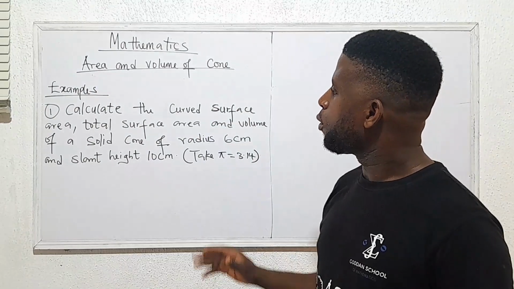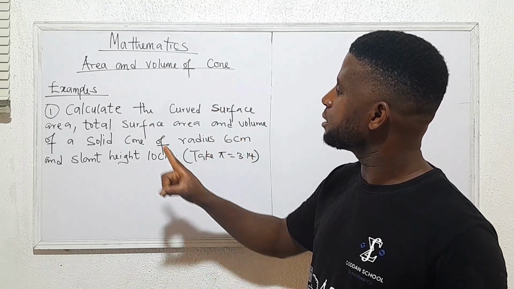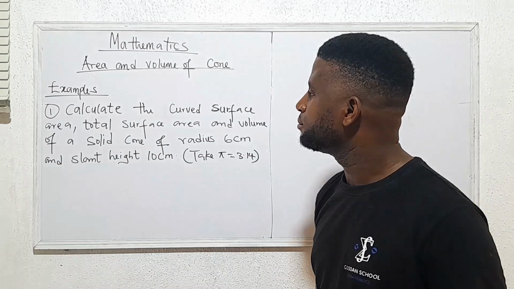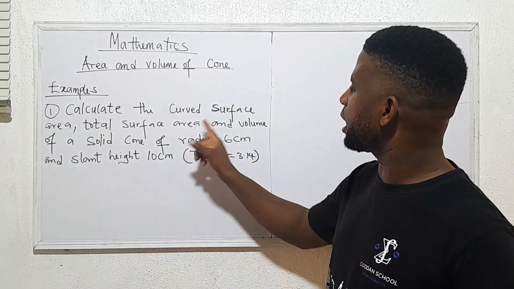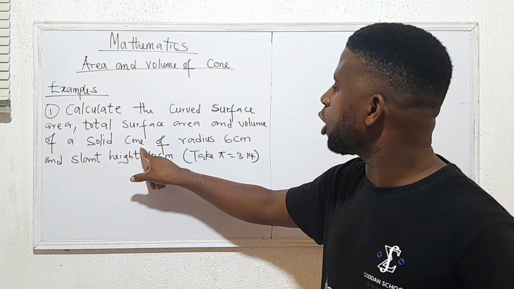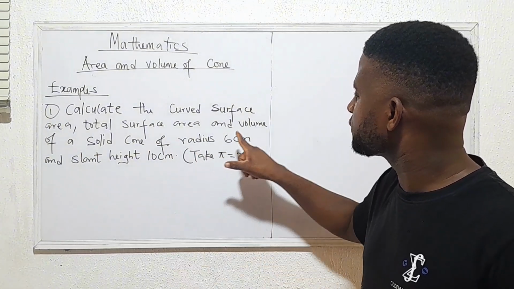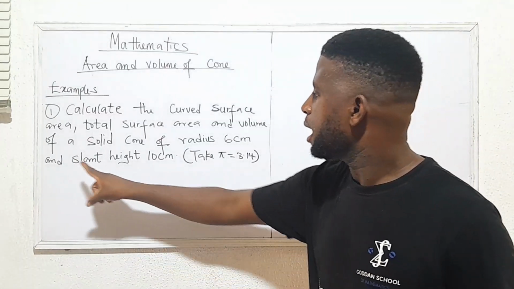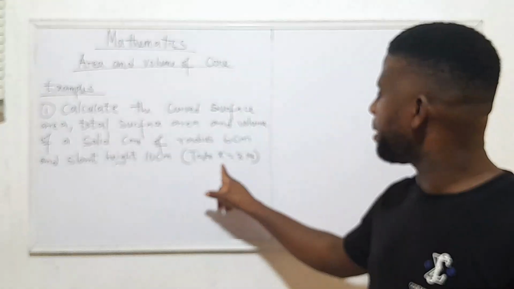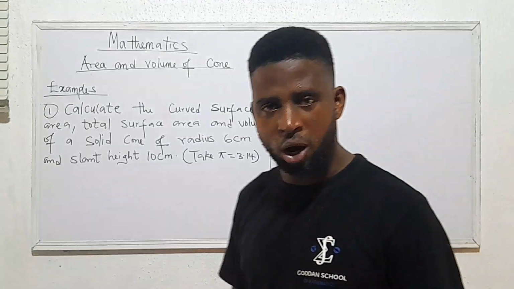Okay, so we have an example that says: calculate the curved surface area, the total surface area, and volume of a solid cone of radius 6 centimeter and slant height 10 centimeter. Take pi equal to 3.14.